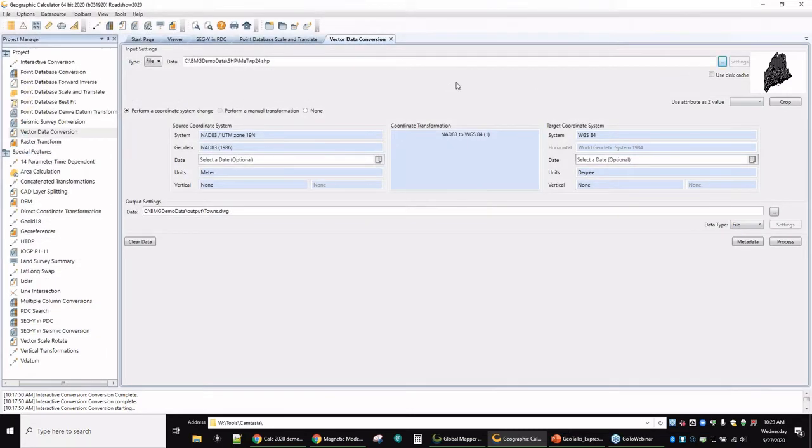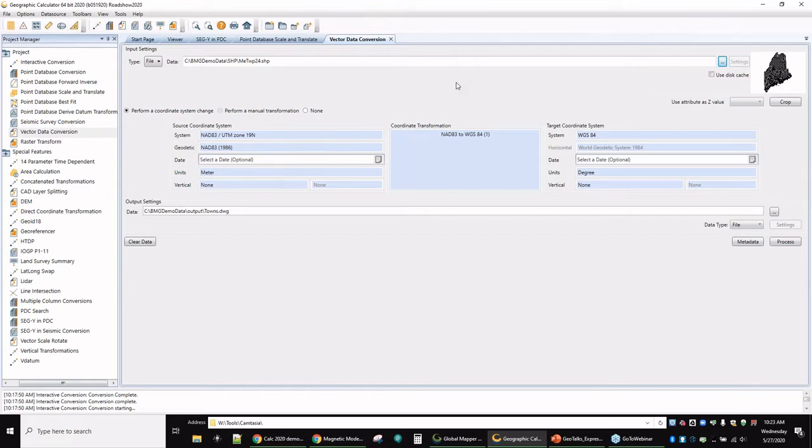Vector formats allow us to do those very quick transformations that may or may not be available in other software packages. The reason we might do these here in the Geographic Calculator is to support types of transformations that are not readily available in other applications.